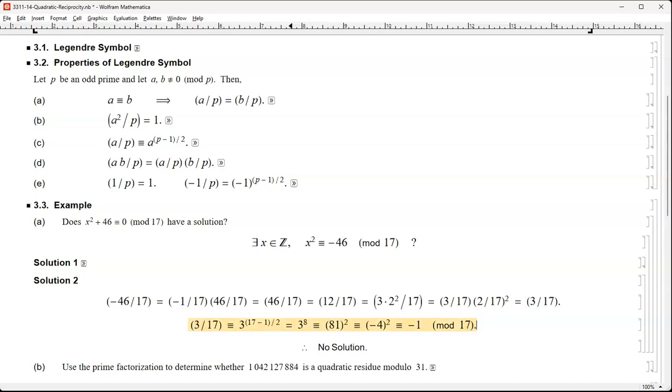Let's go ahead. 3 to the 8th power, so 3 to the 4th power is 81, so 81 to the 2nd power. But 81 is actually 85 minus 4, and 85 is 5 times 17, so that's equivalent to 0. So negative 4 squared is congruent to 16. So that's congruent to negative 1 modulo 17.